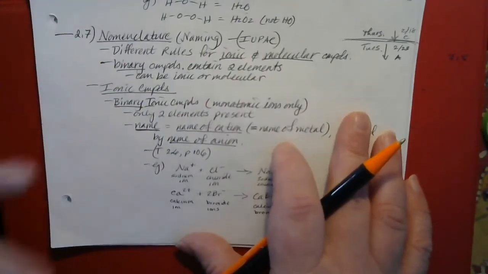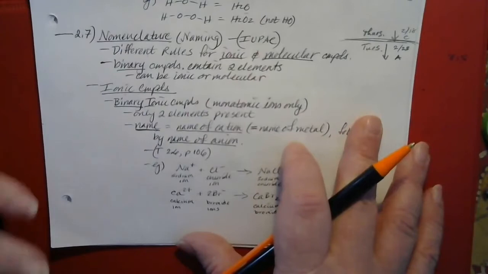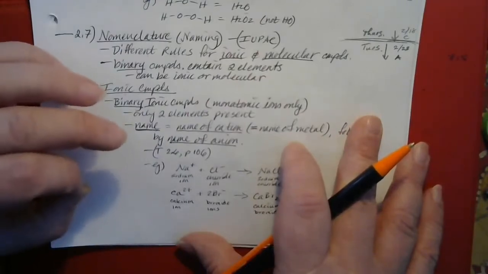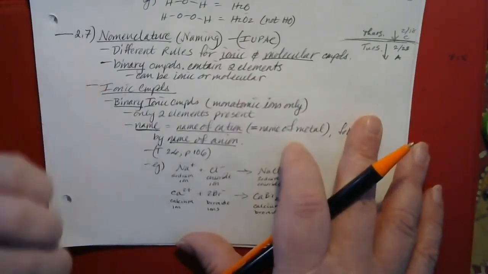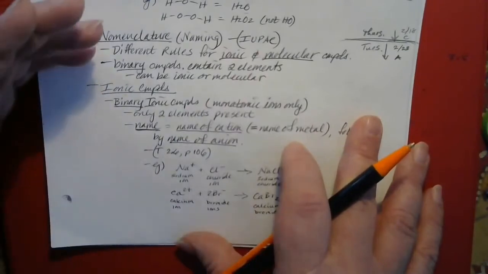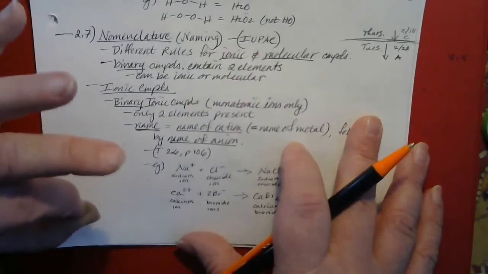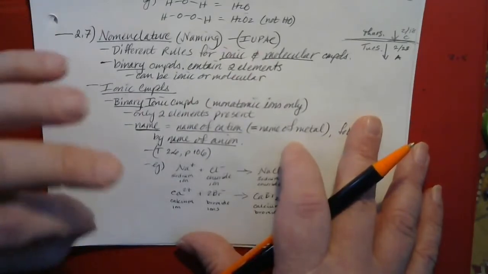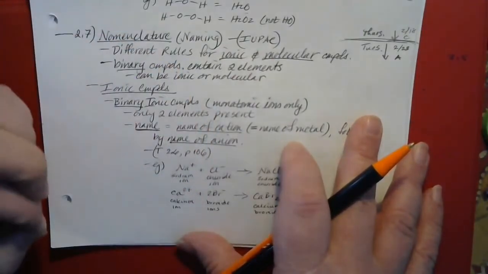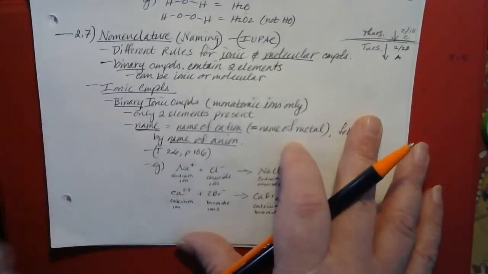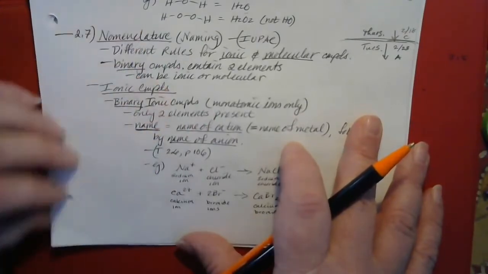If we use a set of rules for naming compounds, then it becomes much easier to tell what is present in a compound just from its name. So if you use systematic rules for naming compounds, then you should be able to write the formula for a compound from its name, or the name of a compound from its formula. And that makes communications between scientists much easier.